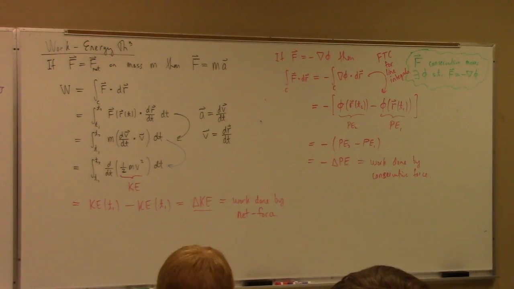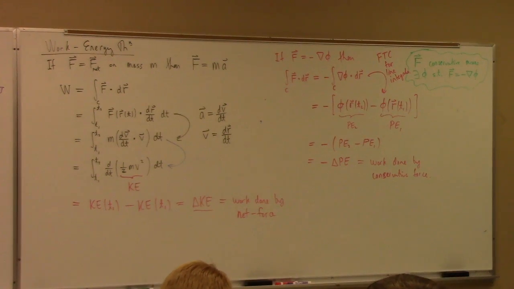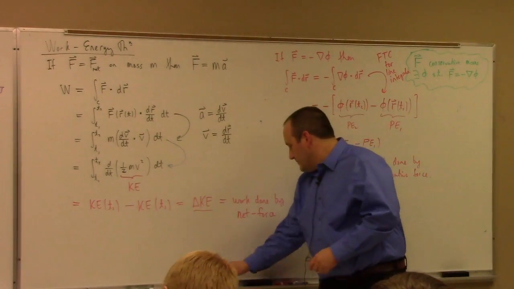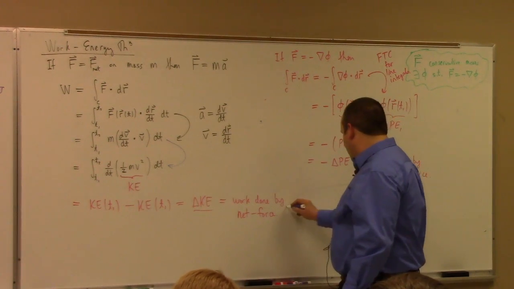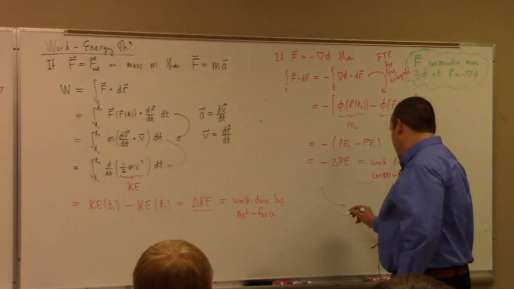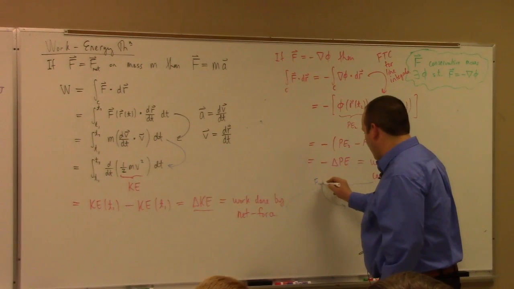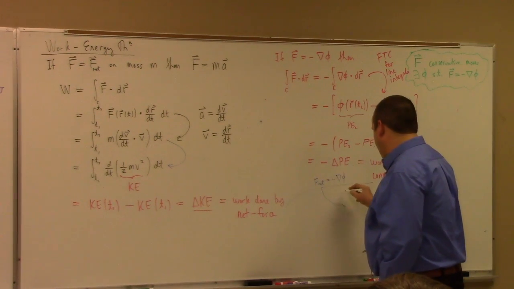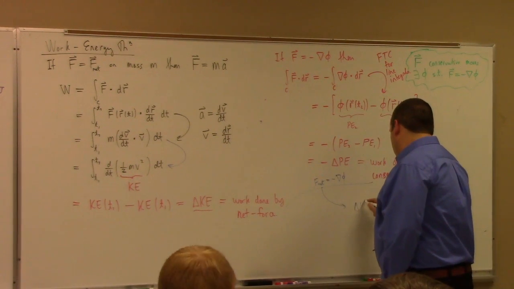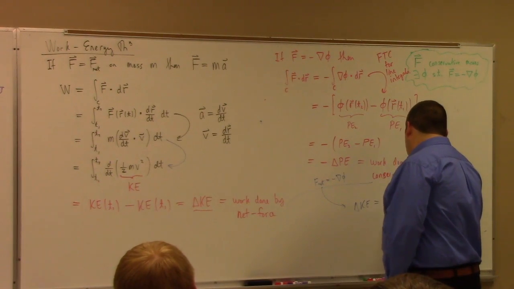So what happens if the net force is conservative? Our brain explodes. No. Not that. Then you get both of these things together, and then we get the change in kinetic energy is equal to minus the change in the potential energy.